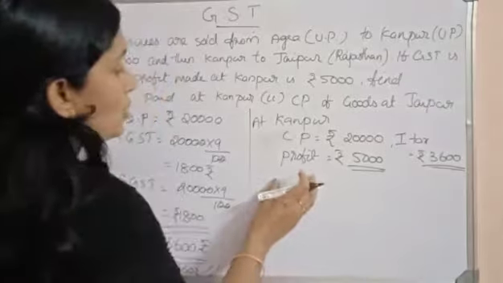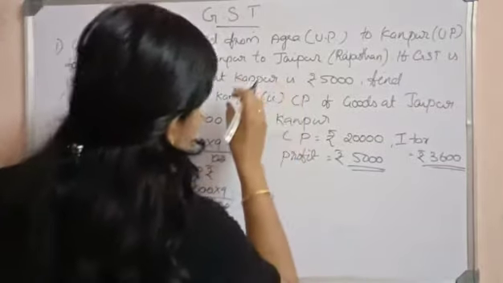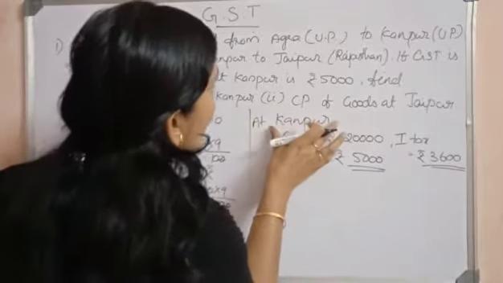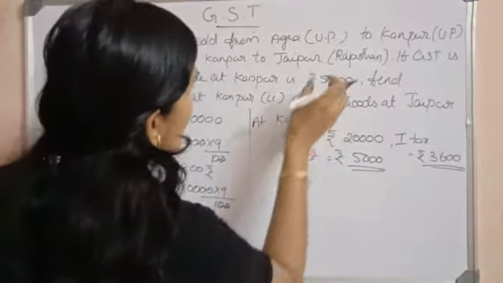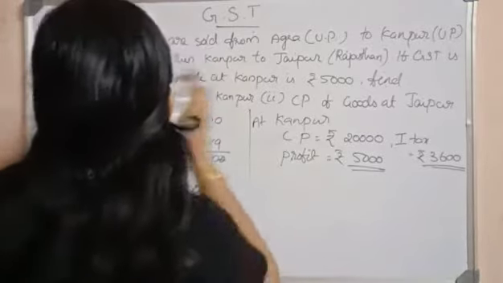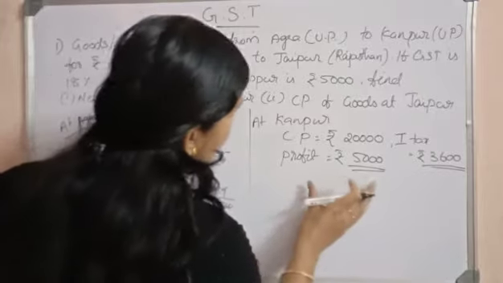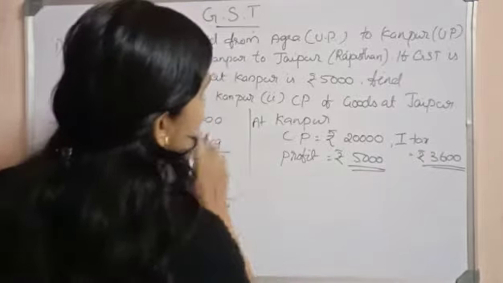Now here we have to calculate the output tax at Kanpur. So the goods and services are sold from Kanpur to Rajasthan. That is from one state to other state. Interstate transaction is happening. Therefore, the GST 18% needs to be calculated. So before calculating the GST, we need to know what is the selling price.